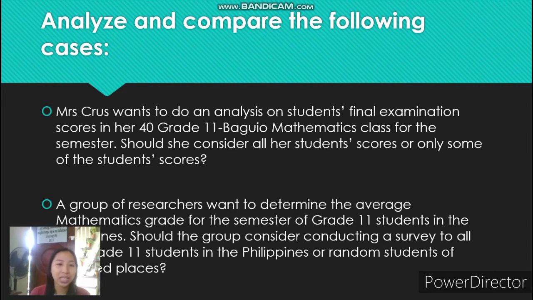Whereas in the second case, you cannot possibly get all the grades of all grade 11 students in the whole Philippines, when you only want to get the average grade in math of all of them. So what is best to do that is more feasible, meaning possible to do in a short period of time? You can get random students from selected places in the Philippines.